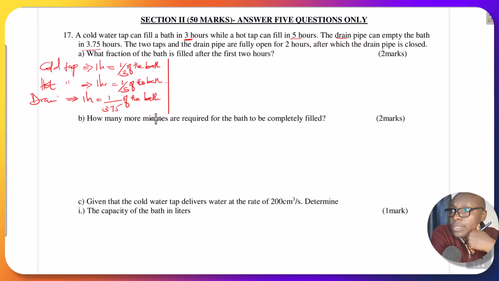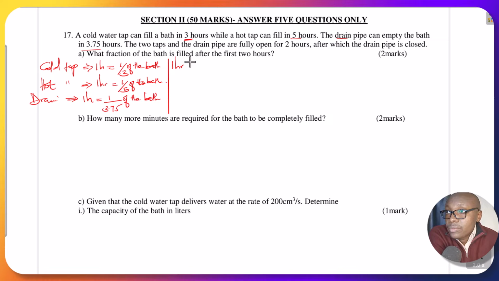Now the 2 taps and the drain pipe are fully open for 2 hours. The 3 of them are open for 2 hours, so we need to get that. So in 1 hour, when all 3 are running, what fraction of the bath would they fill?